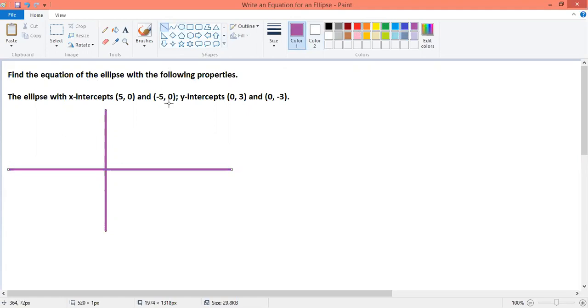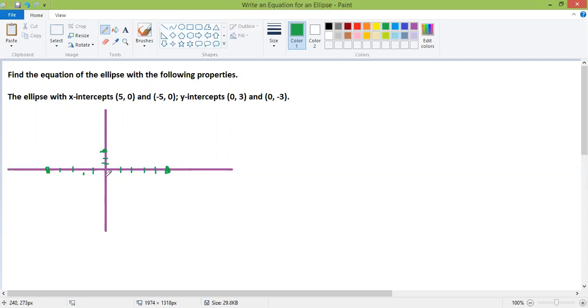All right. So one point, it says, is at (5, 0). So we're going to go over 1, 2, 3, 4, 5. That's positive 5, 0. That's one point. And then we go to negative 5: 1, 2, 3, 4, 5. Negative 5, 0. Then you have (0, 3), so we're going to go up 3.